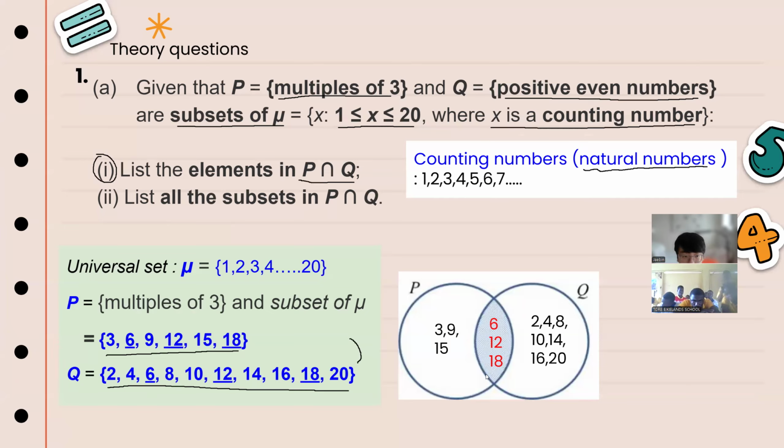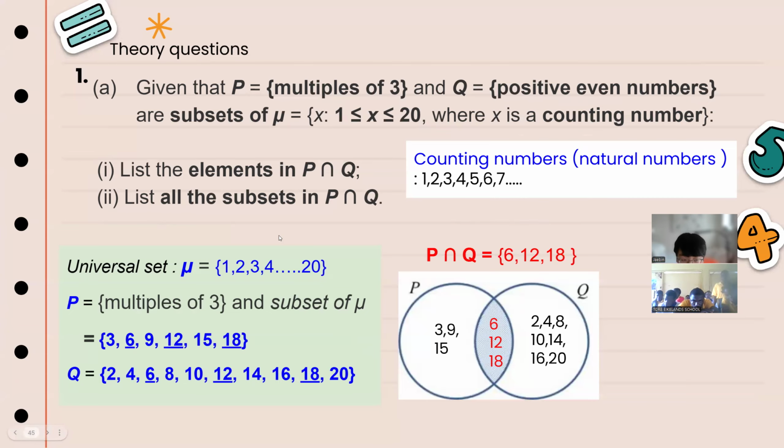Those are the three numbers. And that's the answer for number one, A1. You can say that it's a list of 6, 12, and 18. That is the set.